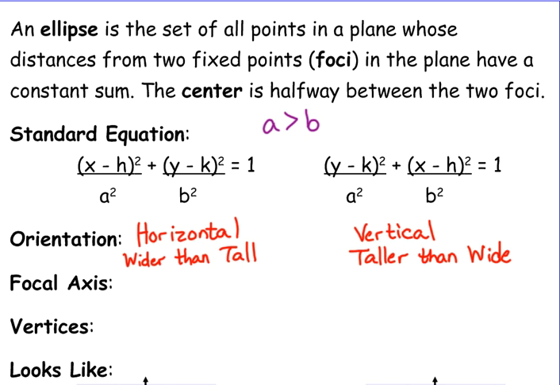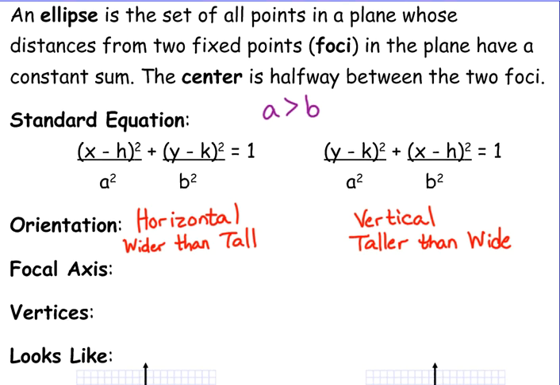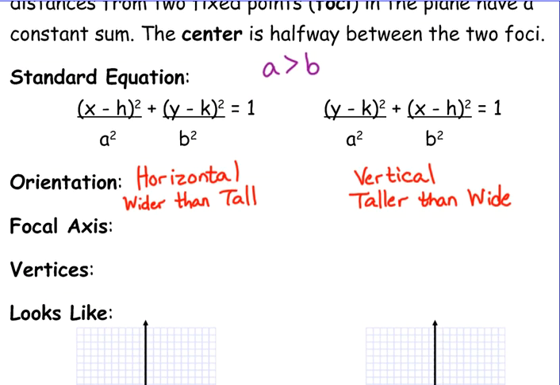With ellipses, we talk about the focal axis. When it's horizontal, think horizontal line, so the focal axis here is y equals k. For the other one, when it's vertical, vertical lines are x equals, so the focal axis is x equals h.